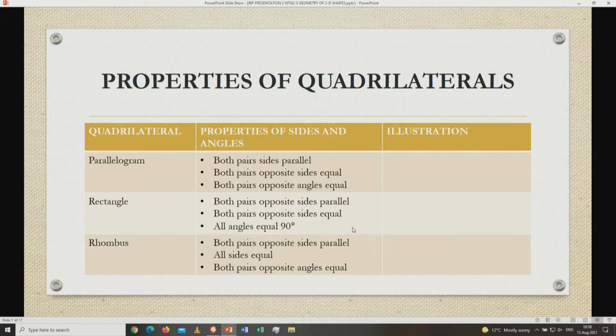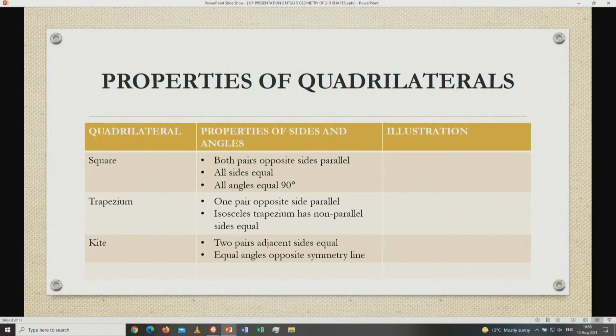Or the question may ask you to differentiate between a rectangle and a rhombus. How do you answer the question? You mention the difference between the properties of a rectangle and the properties of a rhombus. What makes a rhombus a rhombus? What makes a rectangle a rectangle? Those are the most important things.